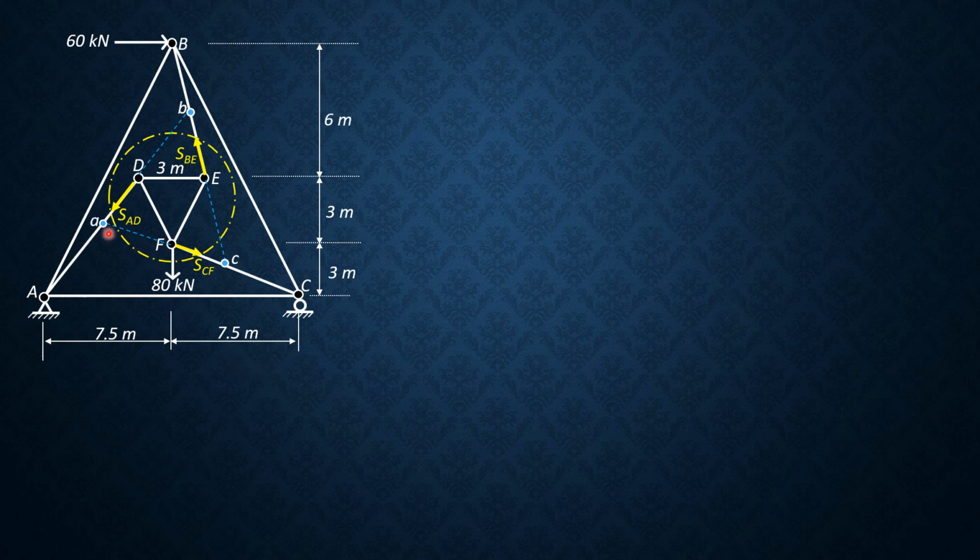So if we sum up moments about these points here, we can solve, for example, summation moment about A, we can solve SBE. Summation moment about B, we can solve SCF. And summation moment about C, then we can solve SAD. So first, let's find the point of intersection A. That's the point of intersection between AD and CF.